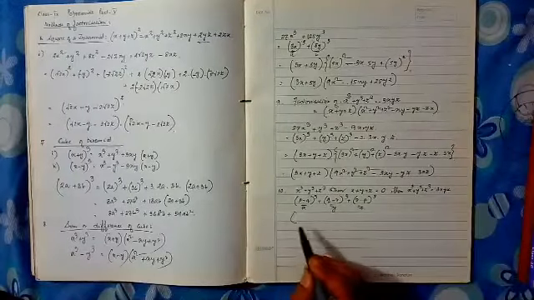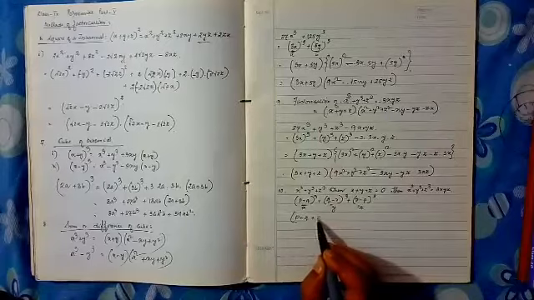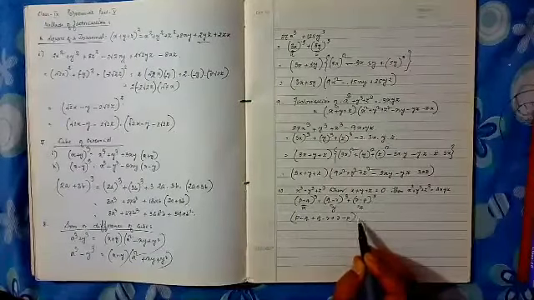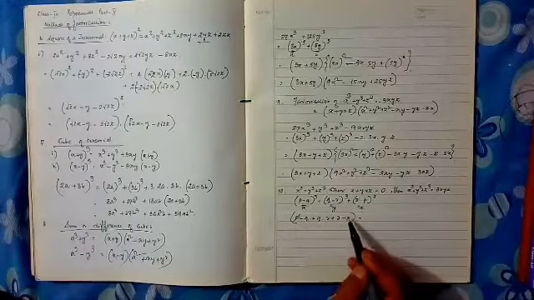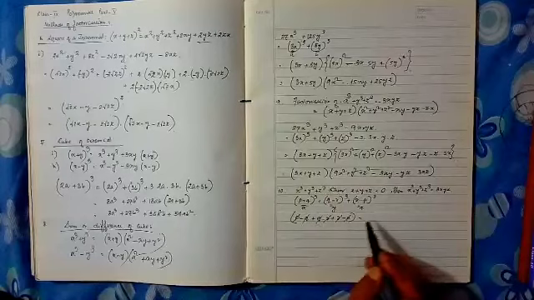So first let us find x plus y plus z, that is p minus q plus q minus r plus r minus p. This is equal to p minus p plus q minus q plus r minus r, which is 0.